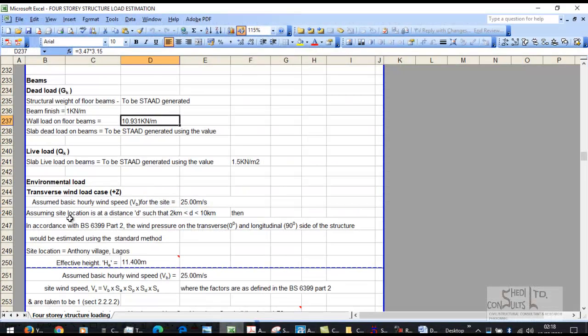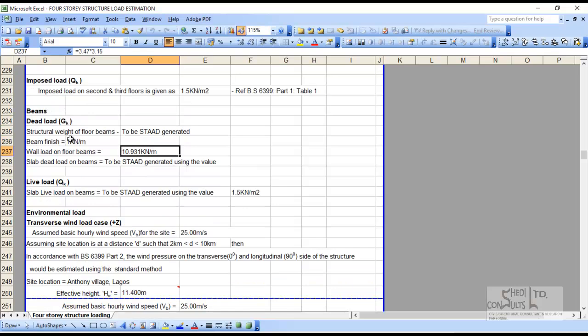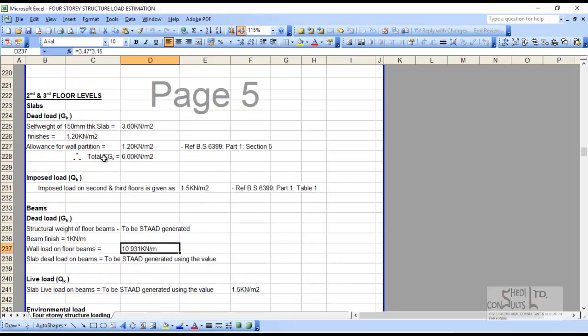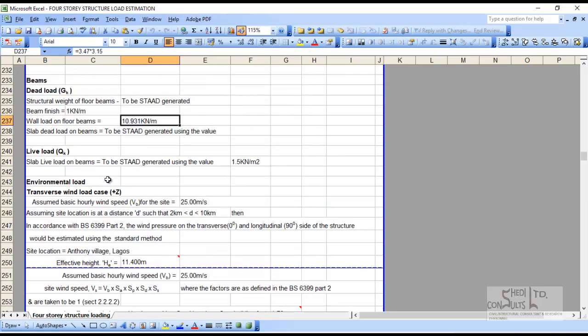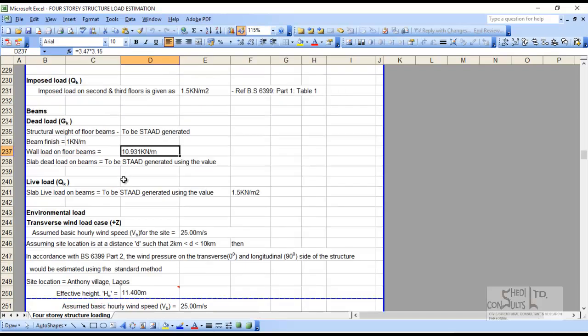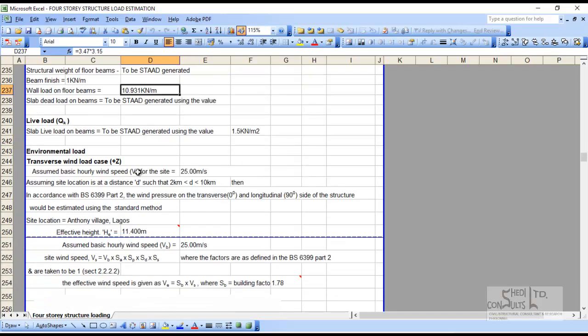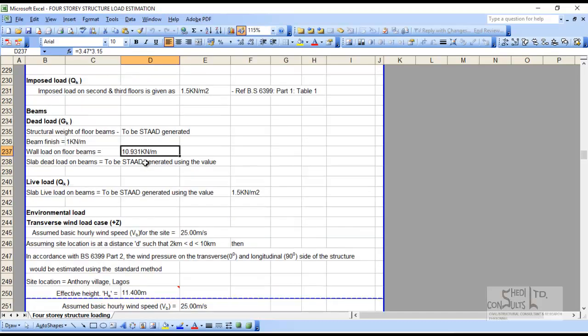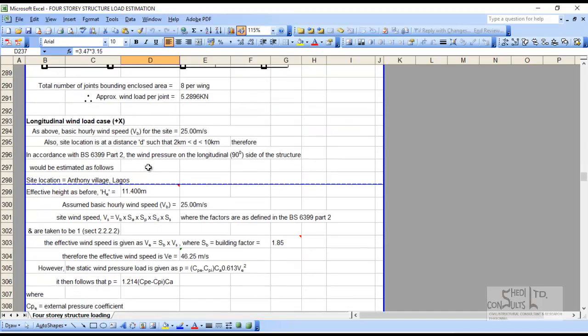Which other loads on the third floor? So that's all. So these are the same loads on the second floor. Okay, so second and third floor are the same. Second and third floor are the same loads.